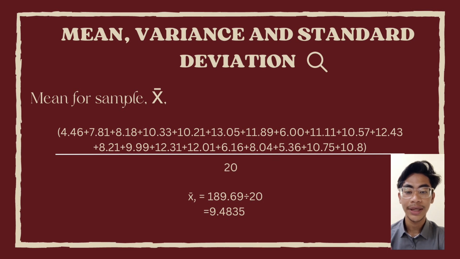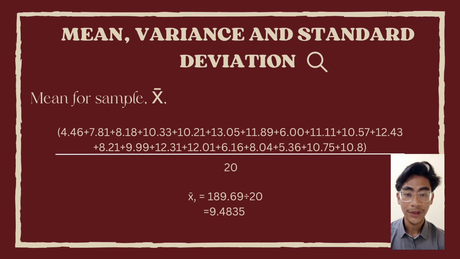I am Idris and now I will present about mean, standard deviation and variance of the sample. First of all, the mean of the sample, X bar. From the table or data given, we just need to insert all the data into the formula.